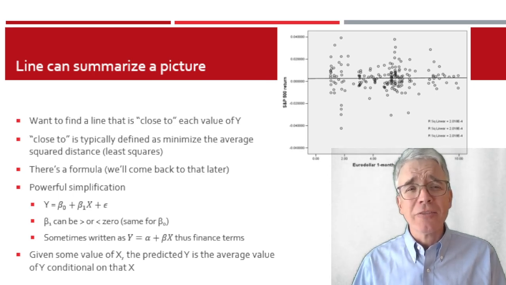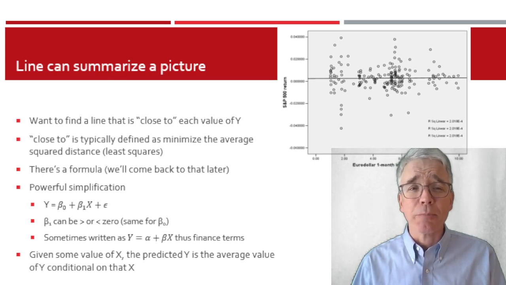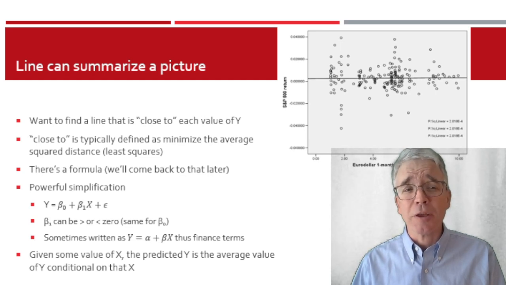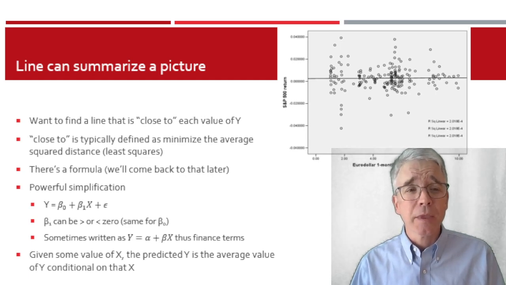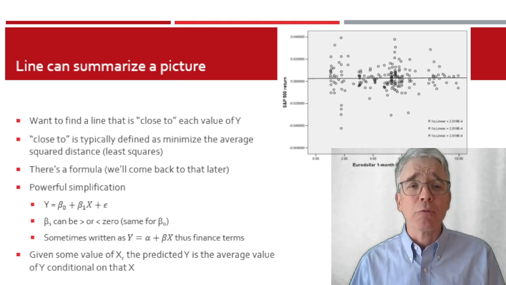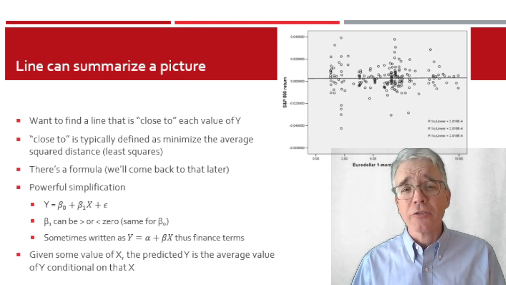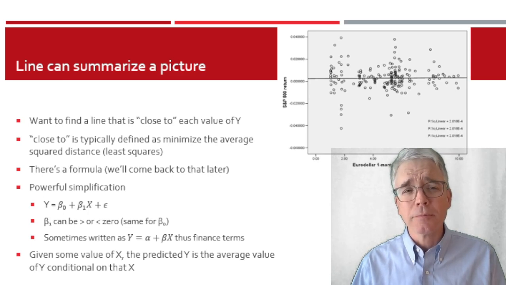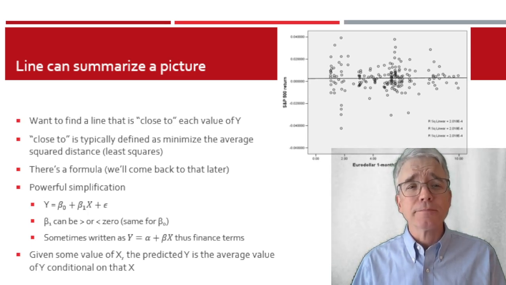Now in finance and sometimes other situations, you might see a somewhat different notation. Instead of writing beta naught plus beta 1 times x, you could see it written as alpha plus beta times x. If you've heard expressions in finance like chasing alpha or looking for a low beta, then that's from that representation of a linear regression model, where x is the market return and y is the return on a particular portfolio or one stock or something.